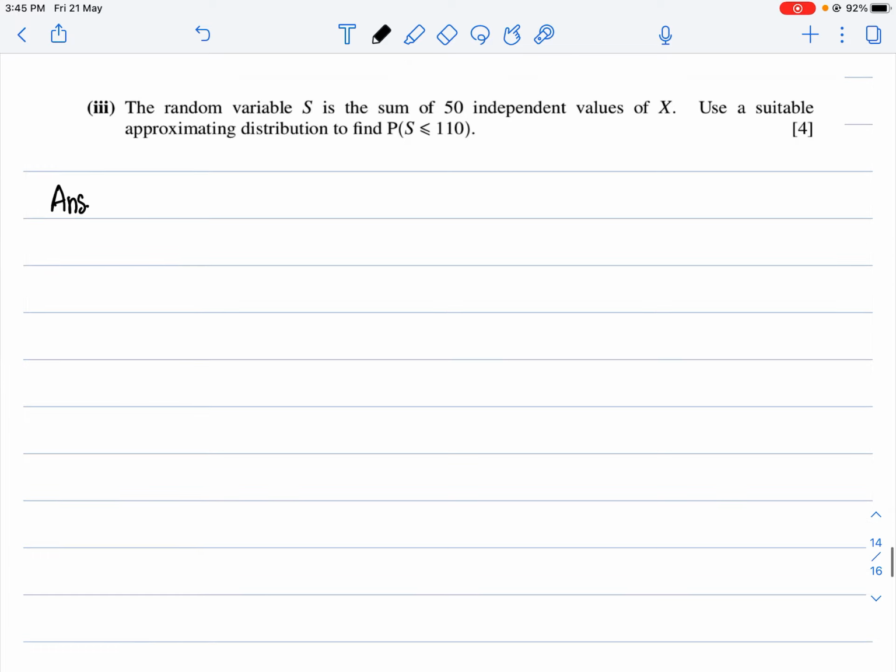Now, the random variable S has a sum of 50 independent values of x. Use a suitable approximating distribution to calculate this. I know the lambda of one x value was 2.3.